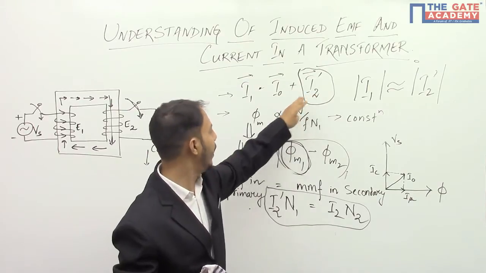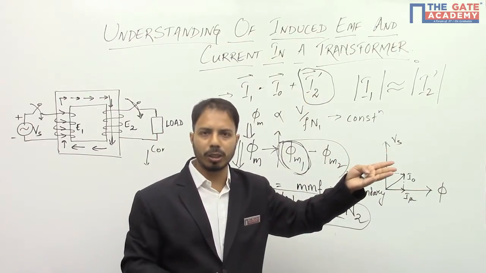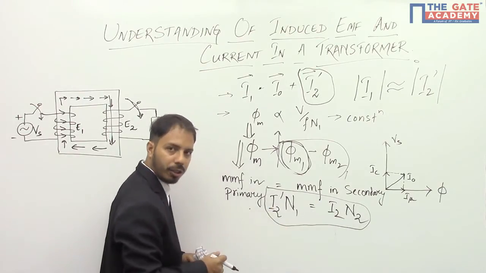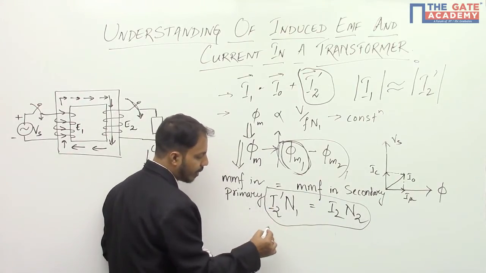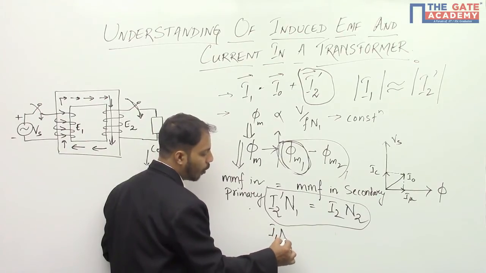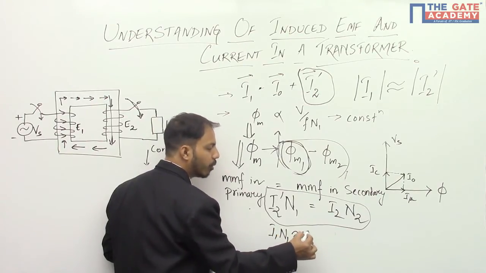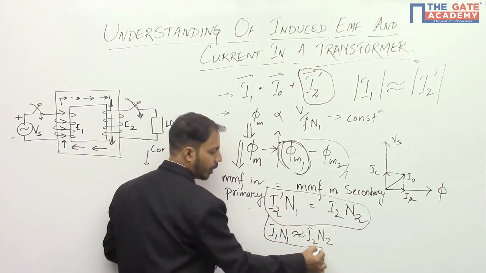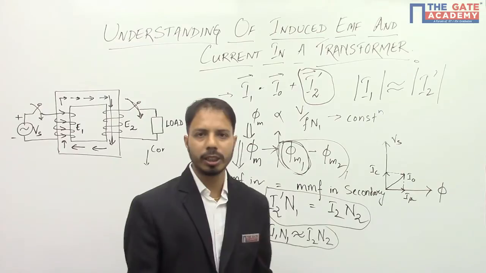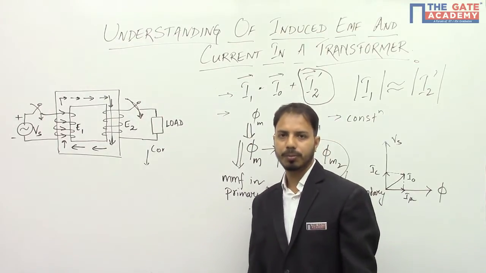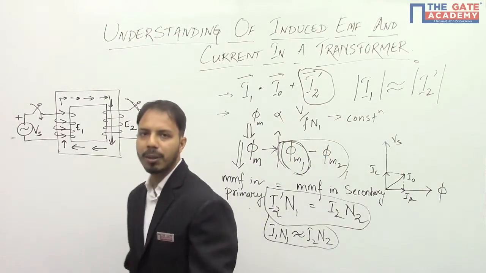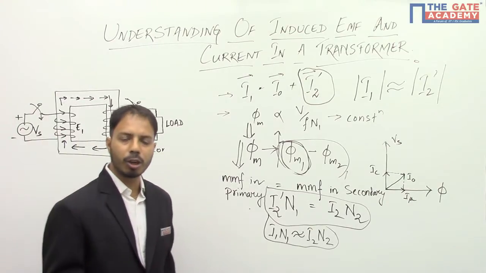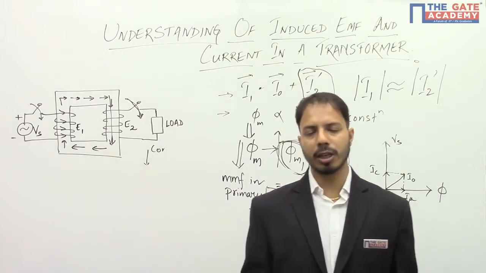So even if I add, the primary will be around 20-30 amps only. So I can write that I1 N1 is almost equal to I2 N2, and hence the formula I1 N1 is equal to I2 N2.